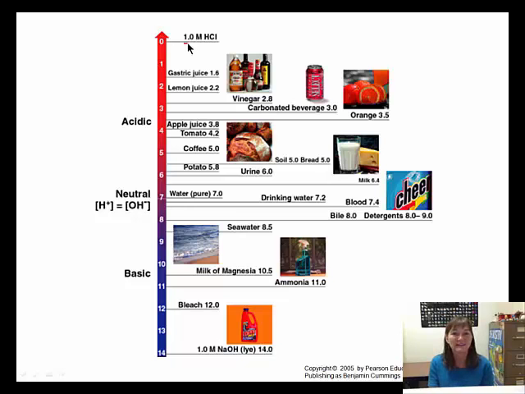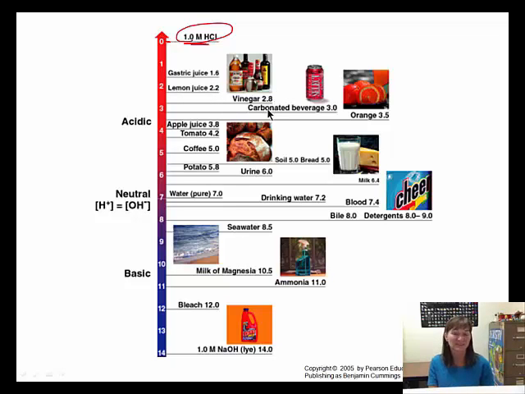So hydrochloric acid has a pH of 1. I'm sorry, I said that wrong. A 1 molar solution of HCl. So if I have hydrochloric acid with a concentration of 1 molar, that's going to be a pH of 0. Gastric juices have a pH of 1.6. The lemon juice is 2.2, so lemon is pretty acidic.